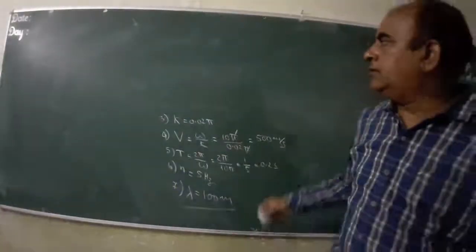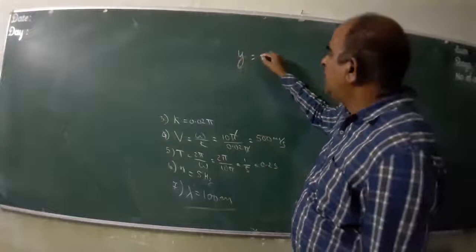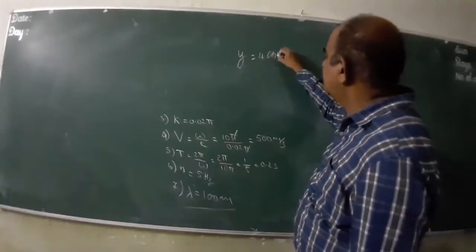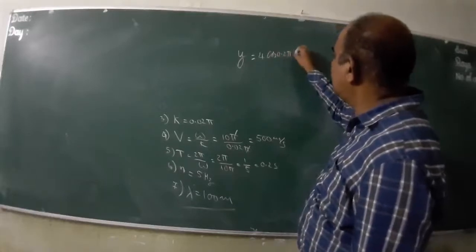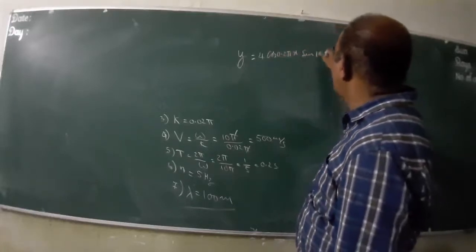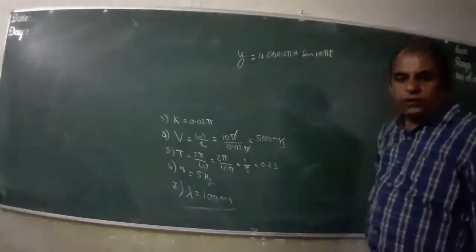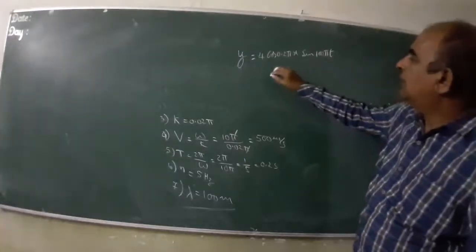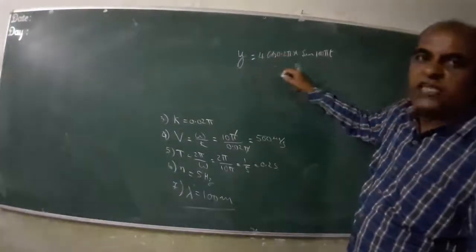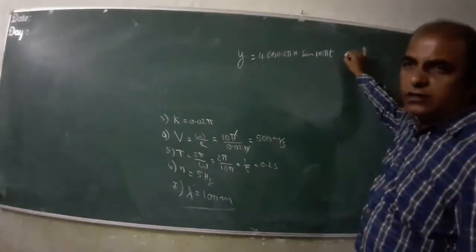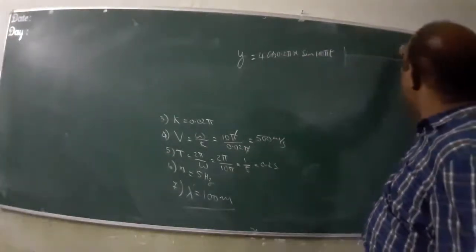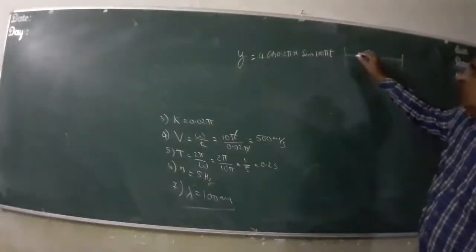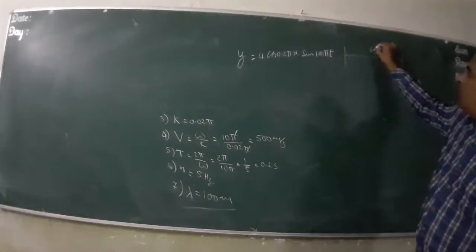Second one, stationary wave. Y is equal to 4 cos(0.2 pi x) sin(100 pi t). A stationary wave is formed on a vibrating string of length 50 meters.